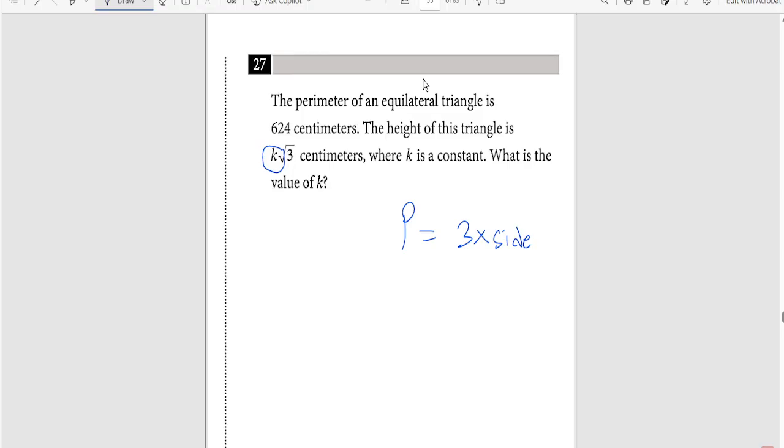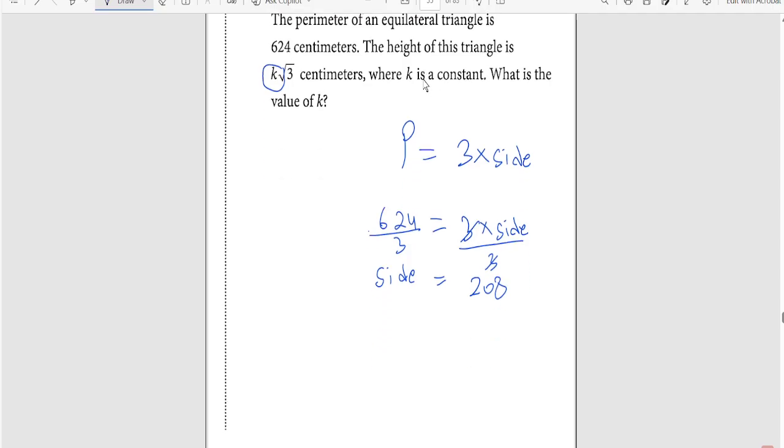Its value is given. So I can put perimeter 624 equals 3 times side. So from here I can find the side. If I divide both sides by 3, this 3 cancels out. So this will give me 208 centimeter.